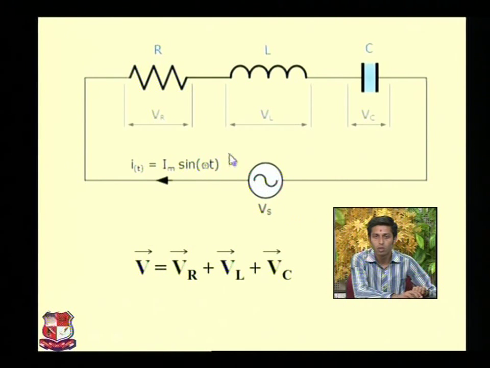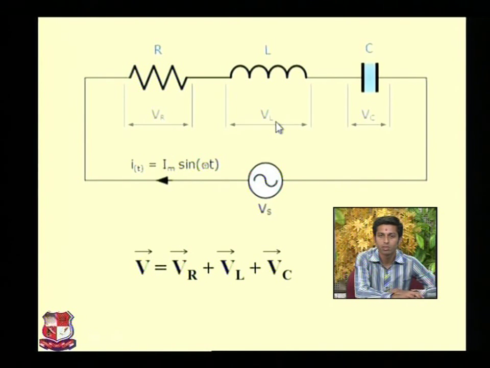Now the voltage drop across the resistor is VR, the voltage drop across the capacitor is VC, and the voltage drop across the inductor is VL. The current passing through the circuit is AC current, with value Im sin omega t.